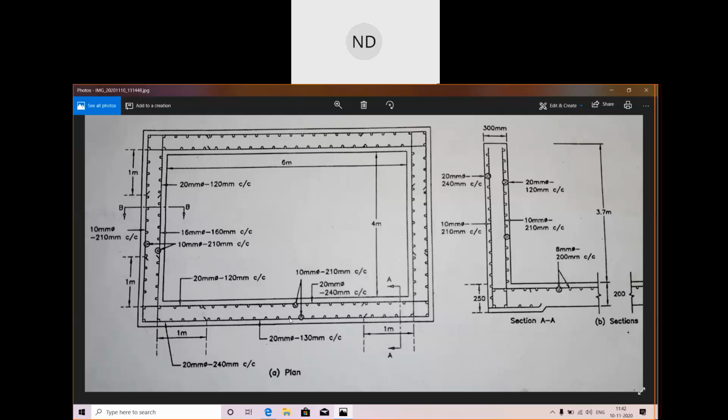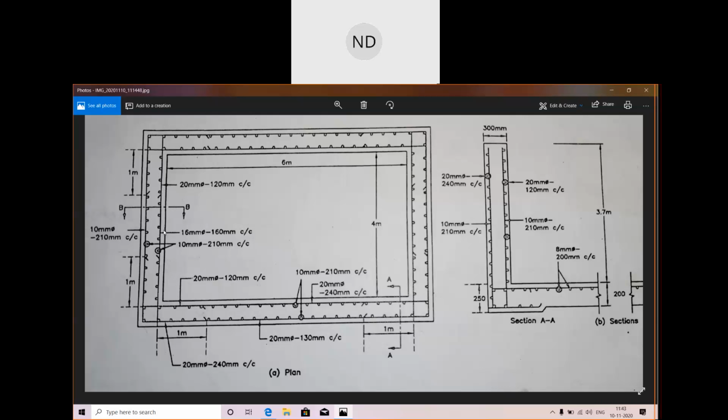Now again coming to the shorter wall, what do we have? Along the shorter wall at the supports, we have provided 20 mm bars. These main bars are 20 mm at 120 mm center to center.